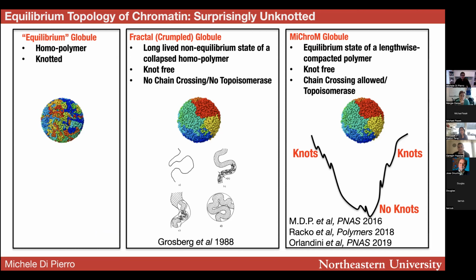So in that sense, both the fractal globule and the microglobule will look that way. From far away, you'll see that the coloring is in itself a feature of the structure, and they give very similar structures.